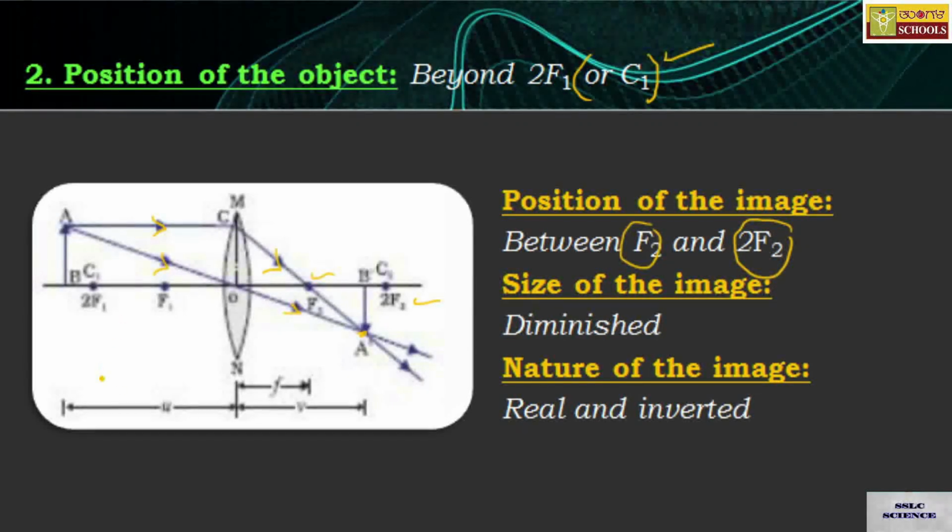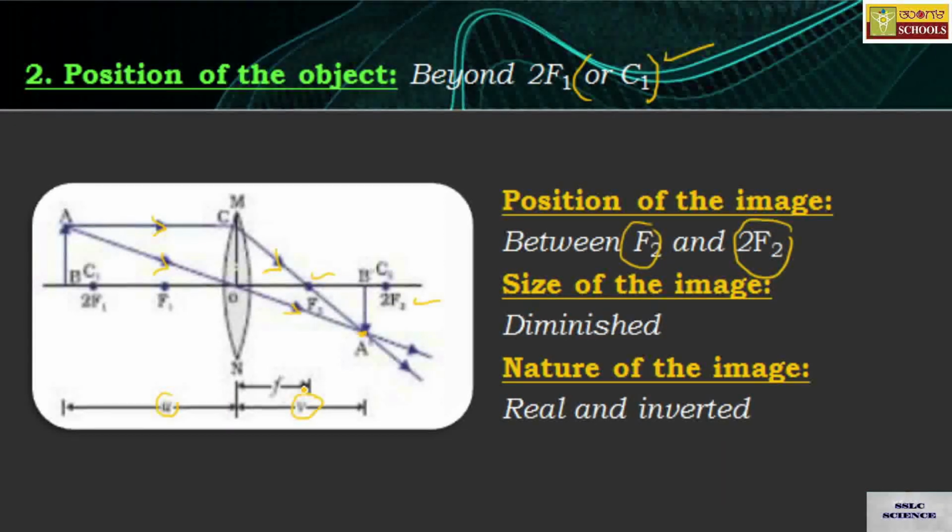Here we have the object distance u, the distance between the optic center O and the object, and similarly we have the image distance v, the distance between the optic center and the image position.